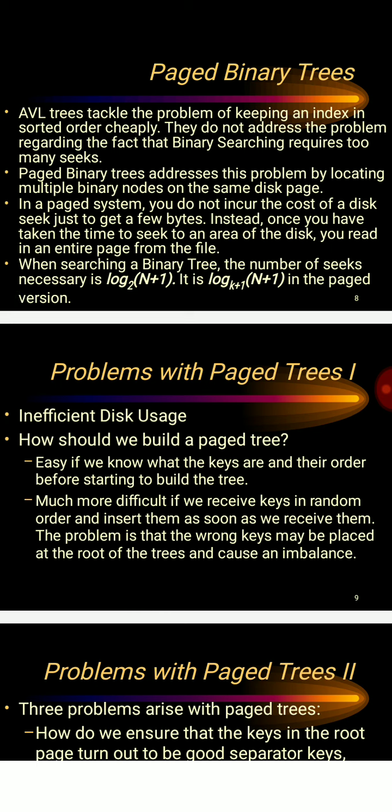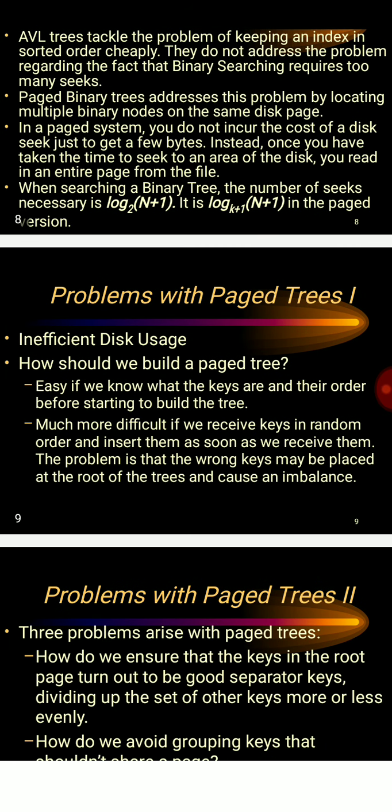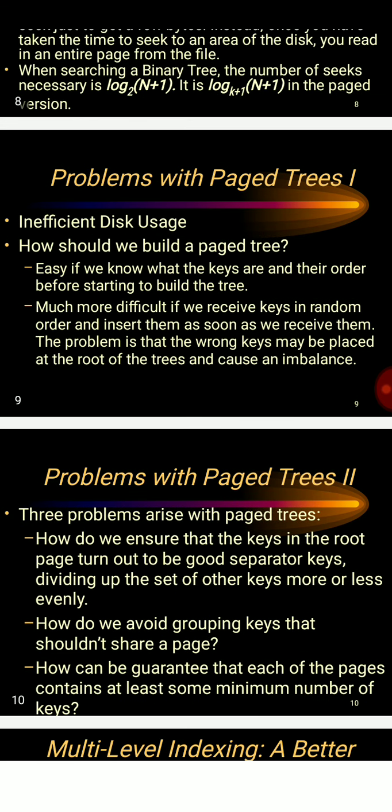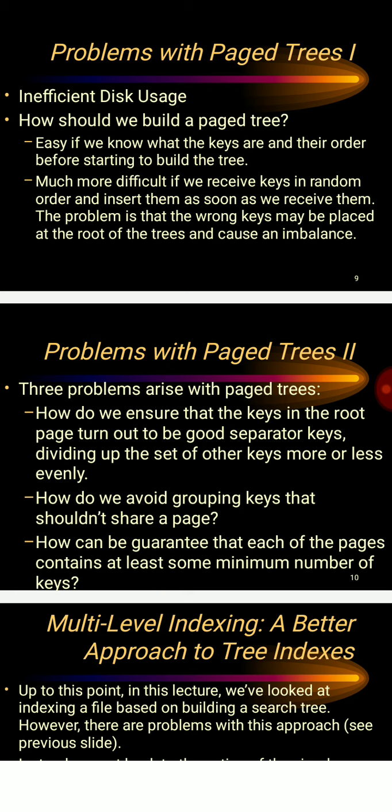One problem with the paged binary tree is inefficient disk usage, because it consumes more disk space. When you build the tree, we build the root node followed by child nodes, and in total 8 nodes we store in one page. So whenever accessing information, we get all 8 nodes' information in one page, so there is no need for seeking. Then the problem with paged binary trees is, when you select the root node, how to select the best separator keys.